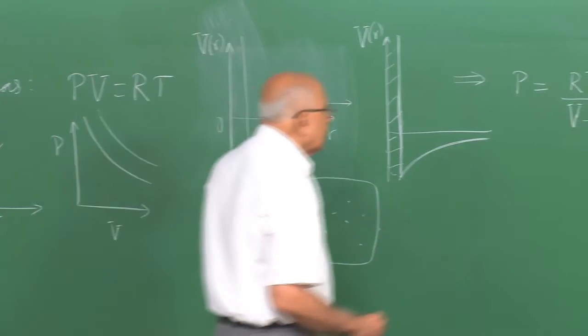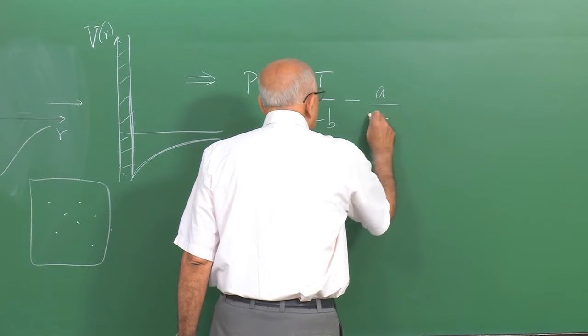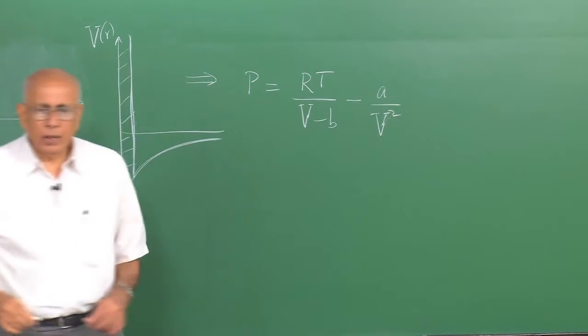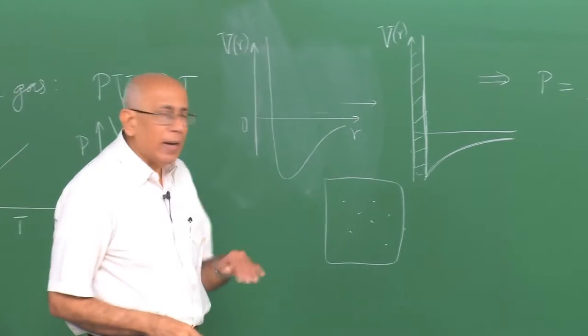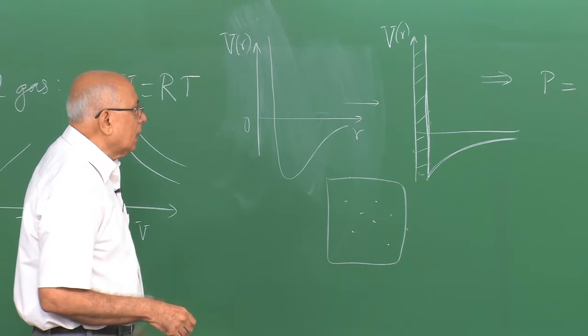In other words, there is a subtraction to this which is of the form some constant over V squared. There is actually a very simple physical argument which tells you why it is 1 over V squared and not V cubed or 1 over V or any other power, but I do not want to get into that now.